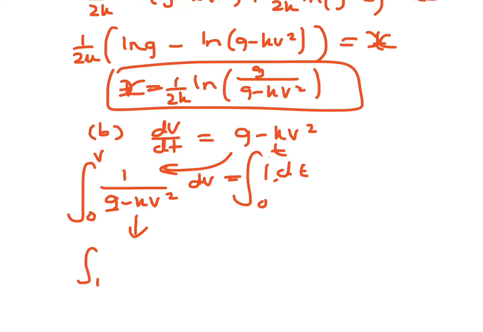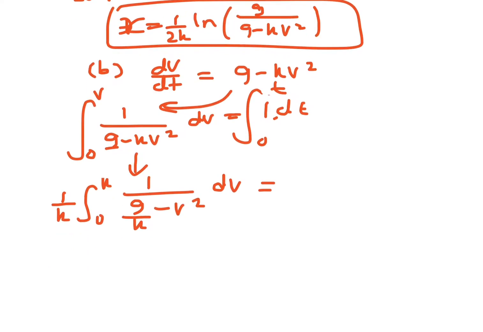So when you're looking at this, what's best to do, I believe, is to take the k out, because then it's going to form something of this form, 1 on a squared minus x squared. And then we've just got to figure out what that actually simplifies to.